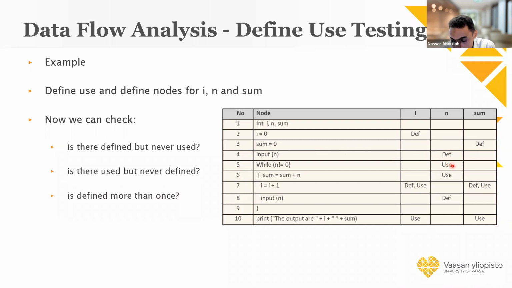So we have use without define, which means there is something wrong here. There are anomalies, so we have to go back and see what's wrong. We may have to check the requirement and ask, do we need to import something or not? How can we write a while loop based on n when n is not defined yet? So this is how we can use this table, or not only the table, this technique, which is data flow.